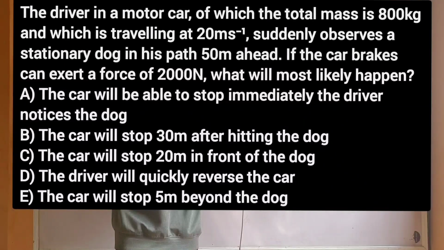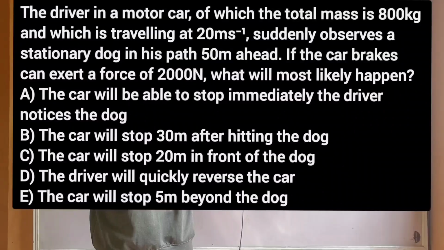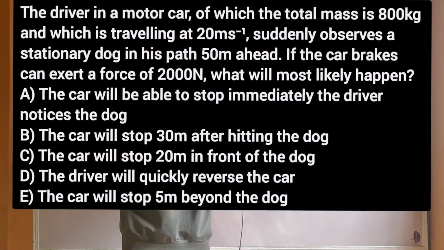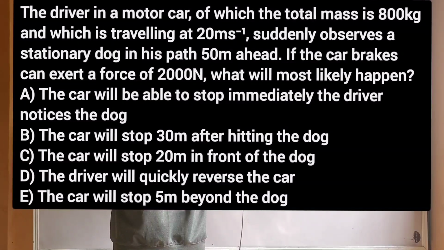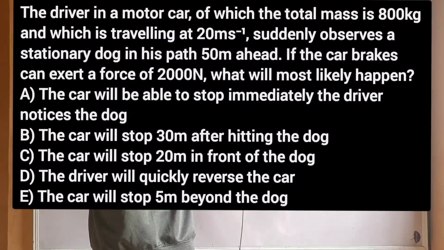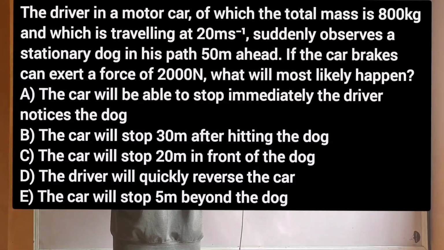A, the car will be able to stop immediately the driver notices the dog. B, the car will stop 30 meters after hitting the dog. C, the car will stop 20 meters in front of the dog. D, the driver will quickly reverse the car. E, the car will stop 5 meters beyond the dog.